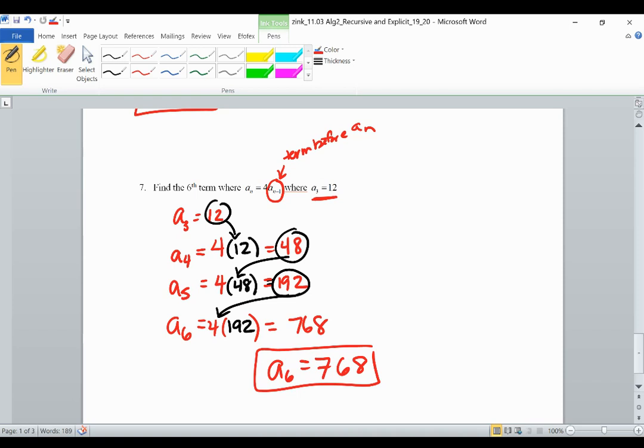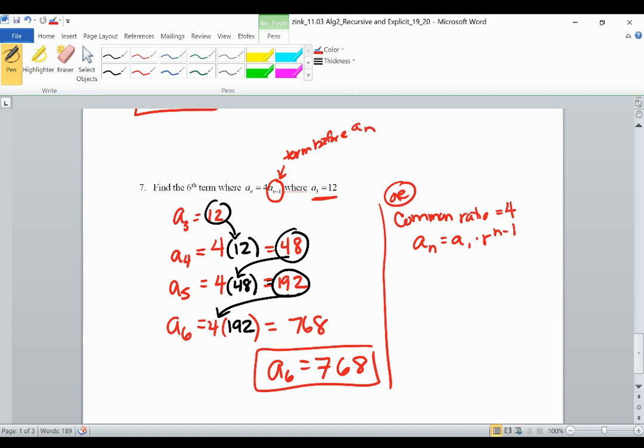You also could have, in this case, said the common ratio is 4, because I'm multiplying by 4 to get to the next term, and then used your term formula, also known as our explicit formula. In this case, we don't know what our first term is, but you could find your first term by dividing by 4 instead of multiplying by 4.